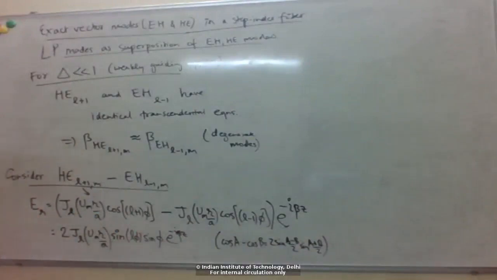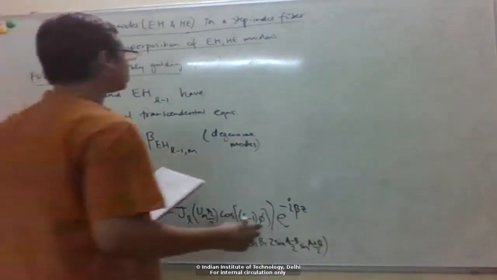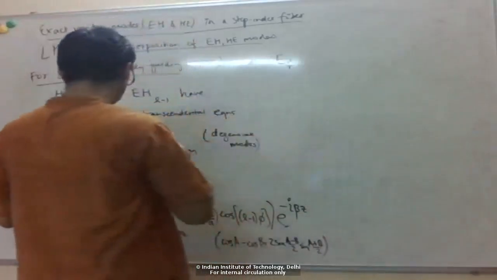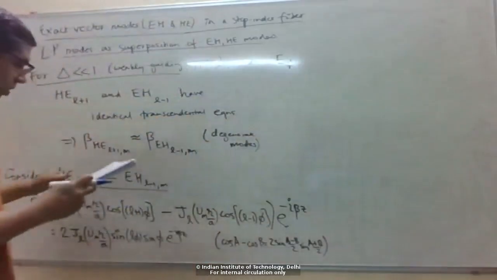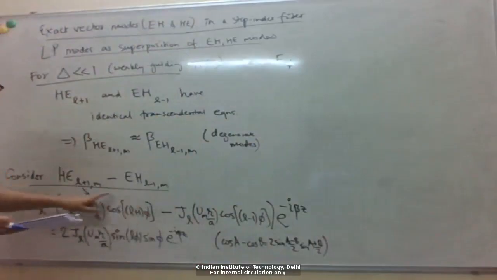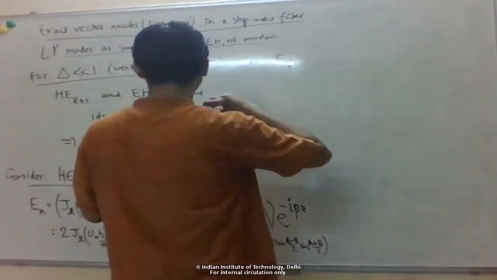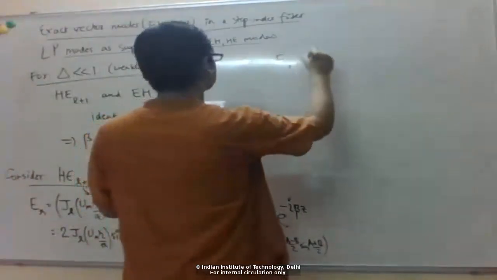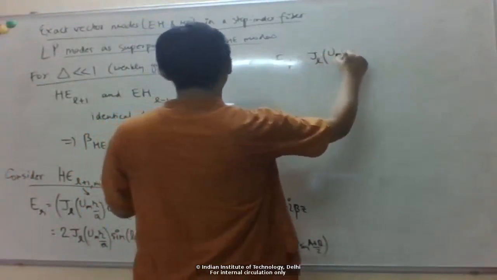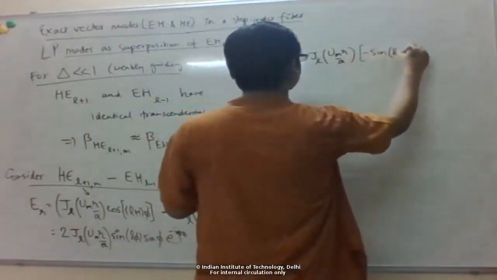Again, we can do the same thing for E phi. We first take the HE mode. If we take this ER, the corresponding E phi was, we have minus sine L plus 1 here.